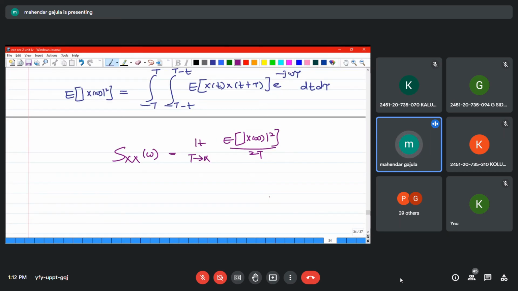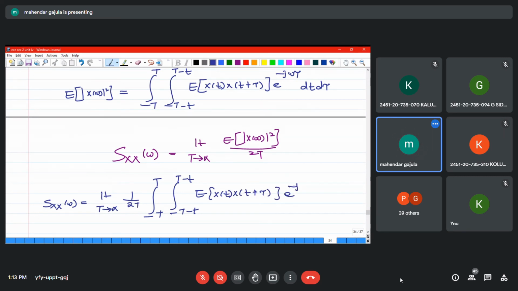So let us apply: expectation of mod X(omega) square, S_xx(omega), is equal to limit T tends to infinity 1 by 2T integration from minus T to T, integration from minus T to T, expectation of x(t) x(t plus tau) e power minus j omega tau dt d tau.